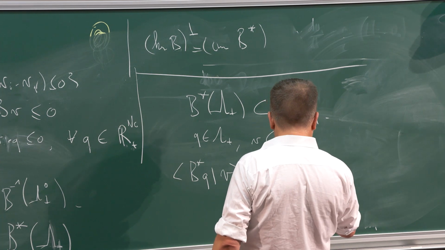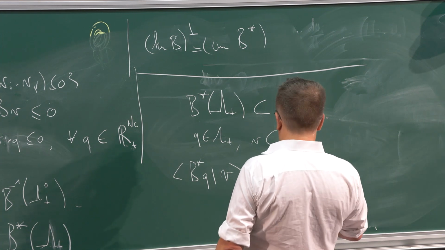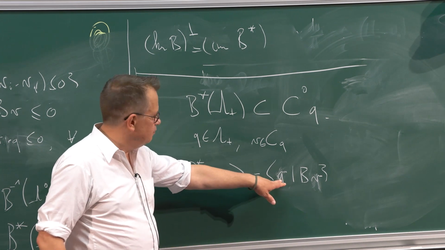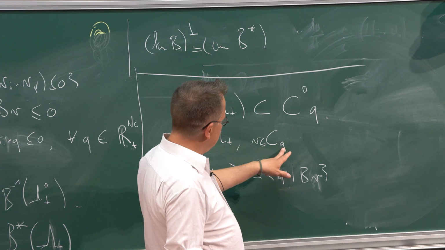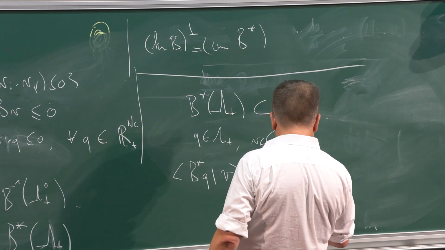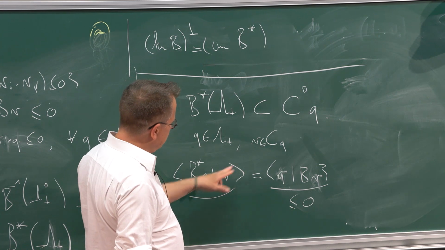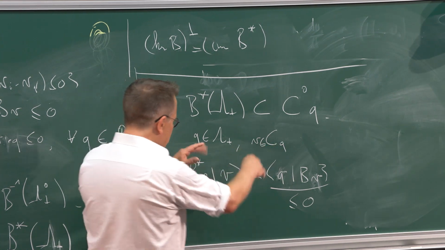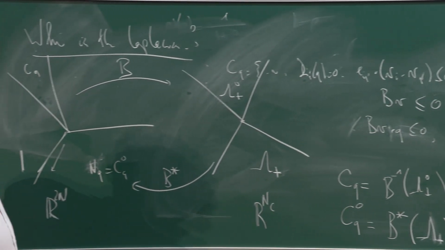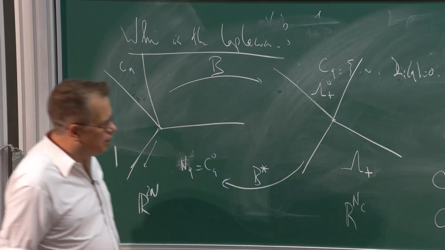It's Q scalar B V. But since Q is in lambda plus and V is in CQ, by definition of CQ this is non-positive. So it means that B star Q is actually in the polar cone of CQ. If you are not used to the notation it's not easy to follow, but it's quite elementary to check.